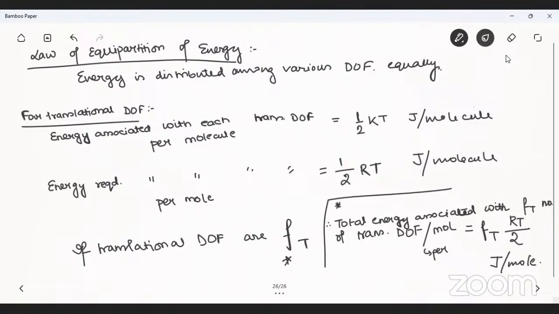Is this part clear to everyone or not? Clear, everyone?